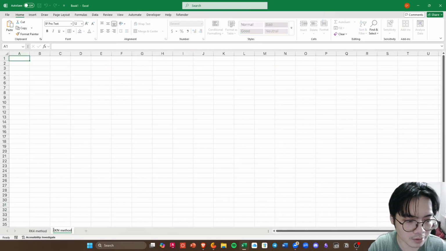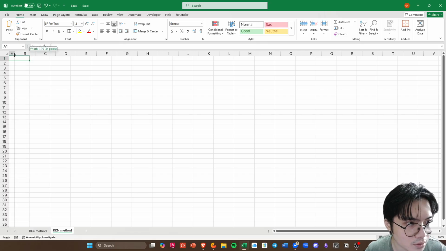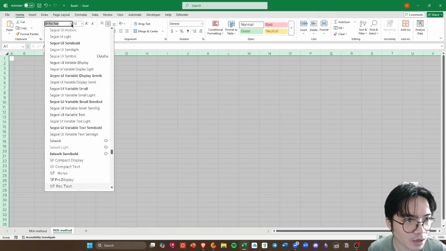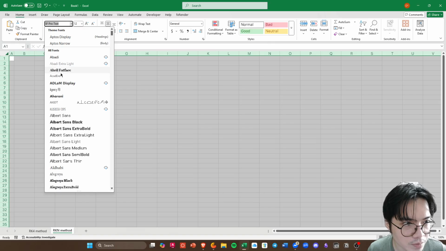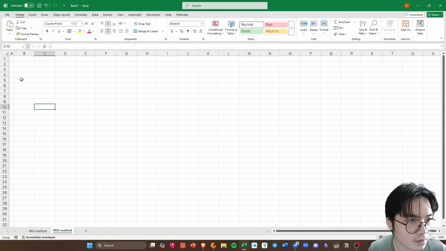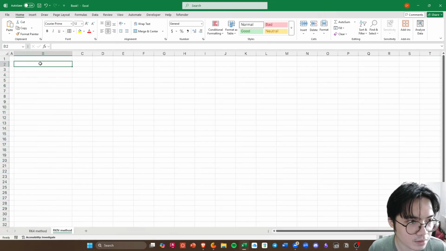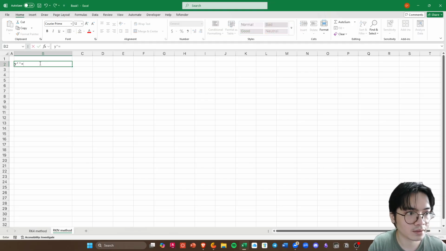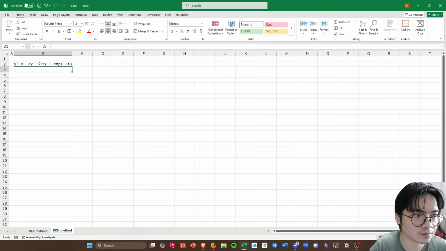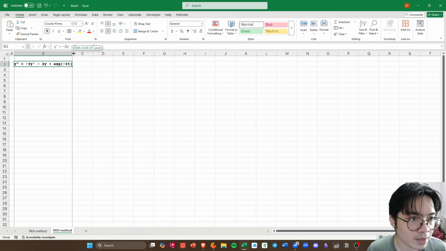RKN method. Let me just fix this. Gawin ulit natin na monospaced. Okay? And then, this is our y double dot is equal to, ano yun ulit? Negative 3y minus 2y plus e raised to negative 3t. Yan ang ating equation.